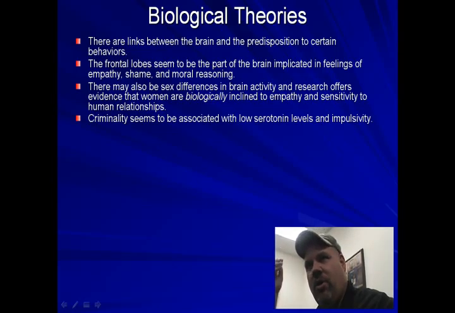The SSRI prevents this reabsorption of serotonin. The end result is you get more serotonin to your brain. Serotonin makes you feel good. So again, criminality seems to be associated with low serotonin levels and impulsivity.